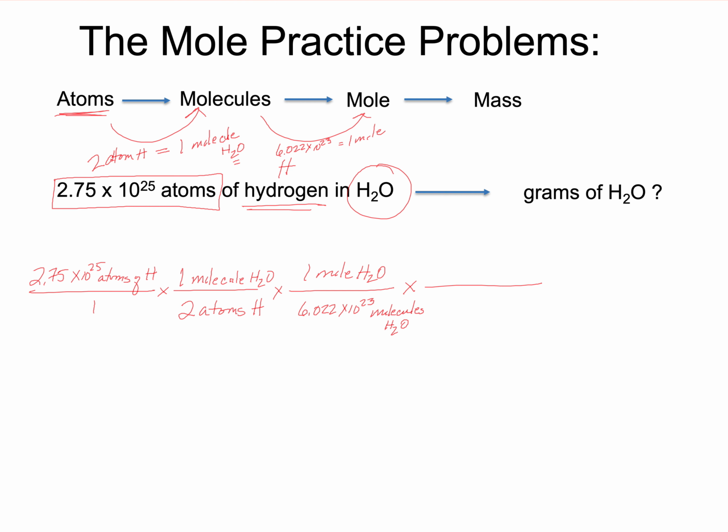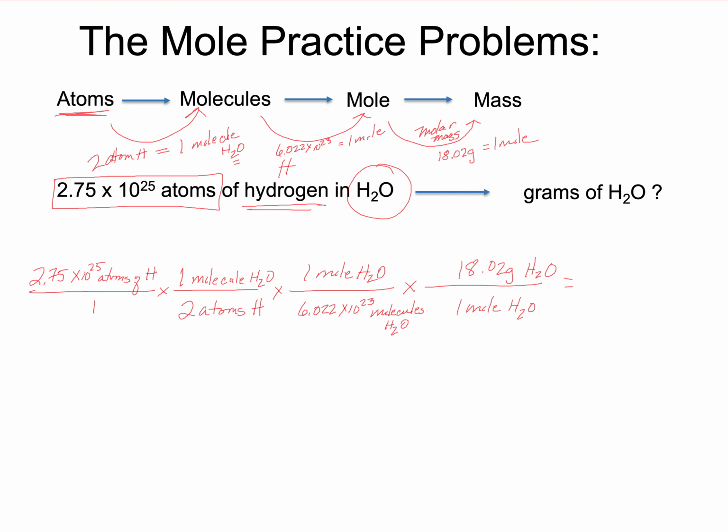And for us to go from converting moles to mass, we need to know the molar mass conversion, and that's the formula mass in grams of H2O, which ends up being 18.02 grams is equal to 1 mole. So we'll say for every 1 mole of H2O, that's equivalent to 18.02 grams of H2O.